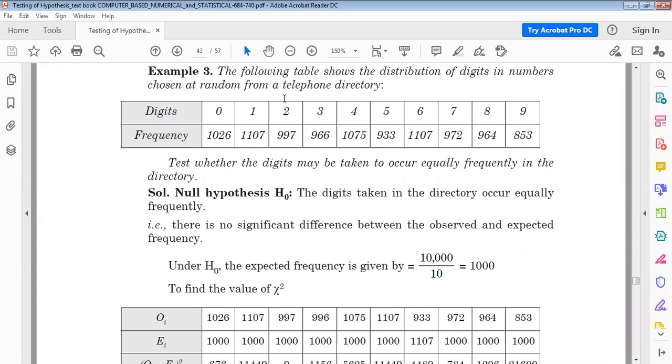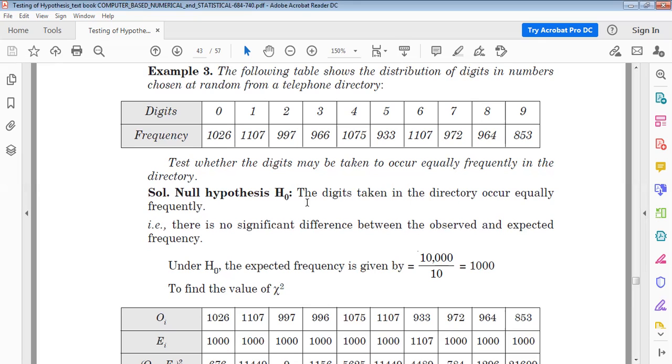Similarly, the following table shows the distribution of digits in numbers chosen at random from a telephone directory. The digits will be these. How many digits here? Actually 10 digits. Frequency, this is for the telephone number digits. Test whether the digits may be taken to occur equally frequently in the directory.